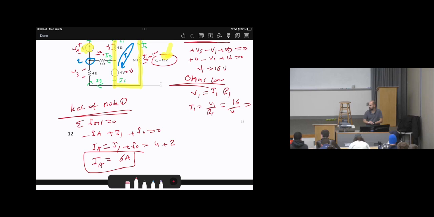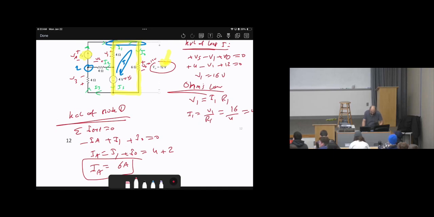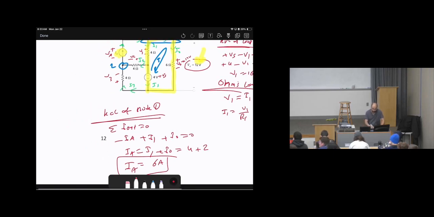Yes. So for 4 volts or V5, why is the current coming out instead of going in? Every time you have a voltage source, you need to assume the current going out this way. If the polarity is like this, you need to assume the current going this way. So you will notice this is the opposite of the resistor.